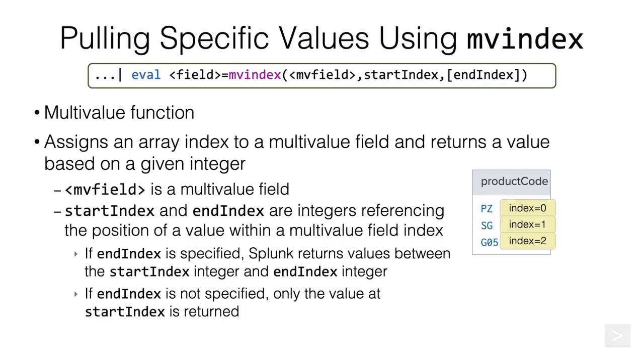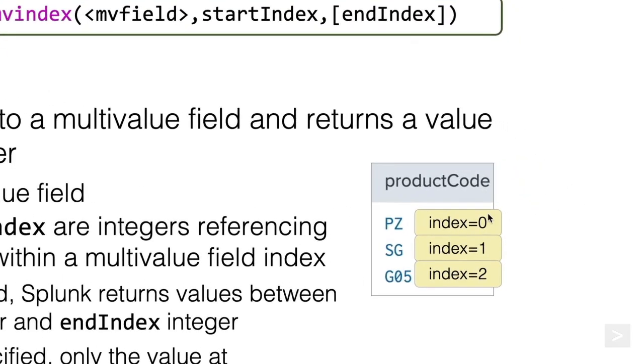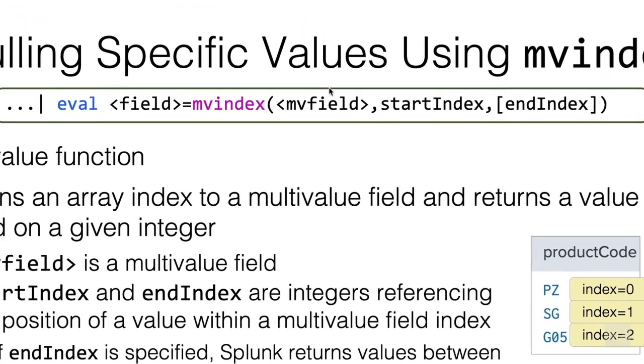It begins at the 0 index, or the 0 position in the array. So if we wanted, let's say, the second value of that multi-valued field, we would specify an index equal to 1. The MV index function takes in 3 arguments, the third being optional. The first argument is a multi-valued field, and the second is the starting index for the value that we'd like to extract.